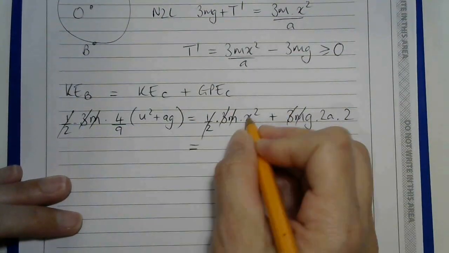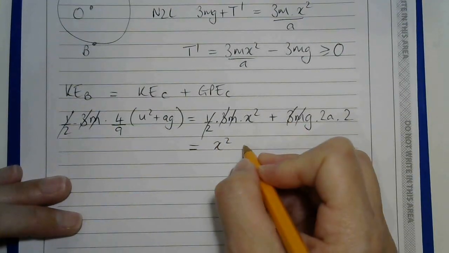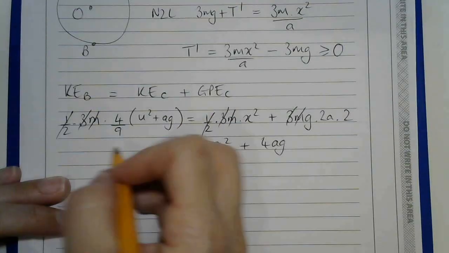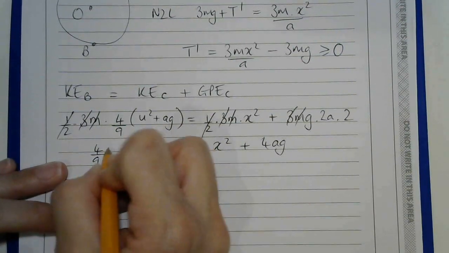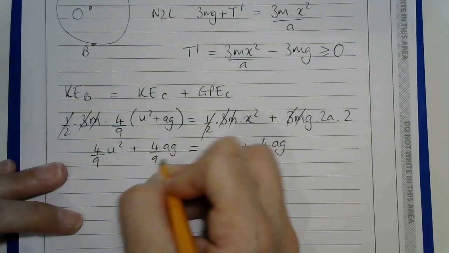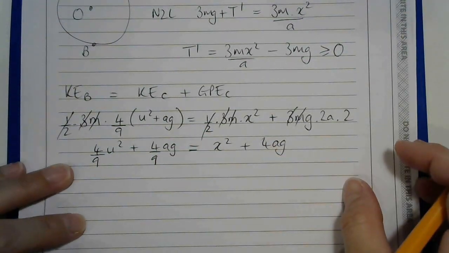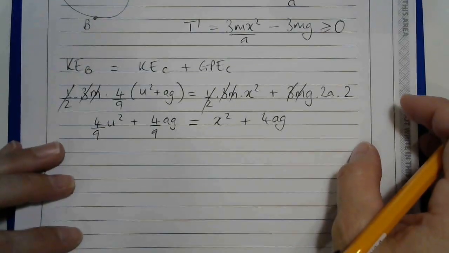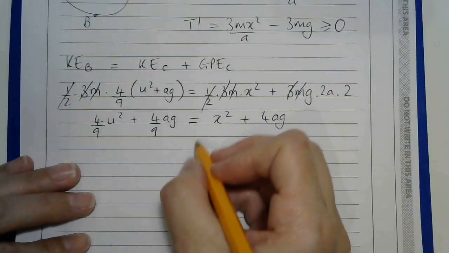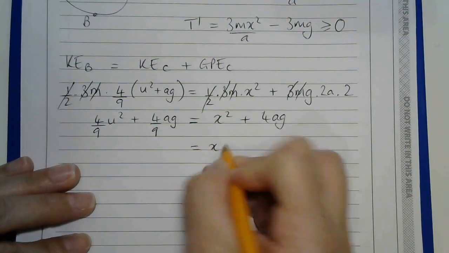So if I just tidy this up, this is x squared, this is 4ag, this is 4 over 9 u squared plus 4 over 9 ag. And then I can rearrange this, taking 4ag from both sides to give me a neater expression for x squared.